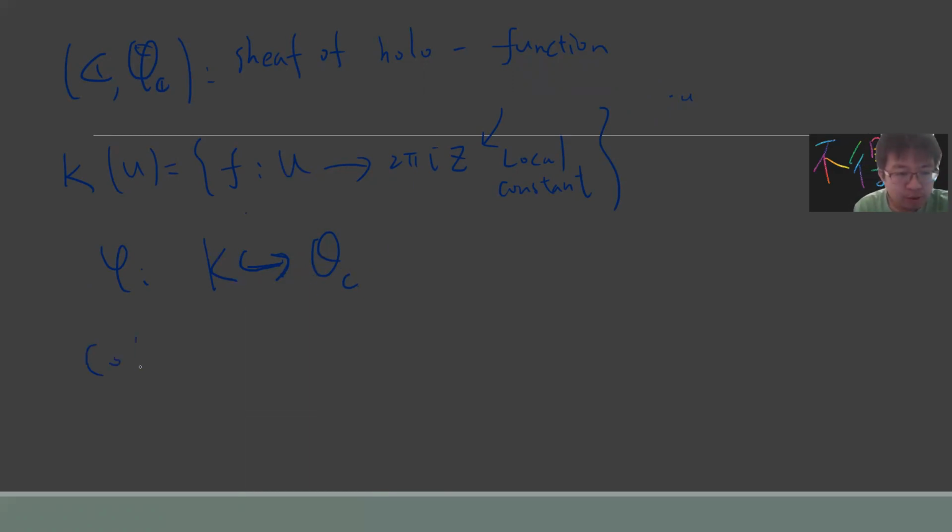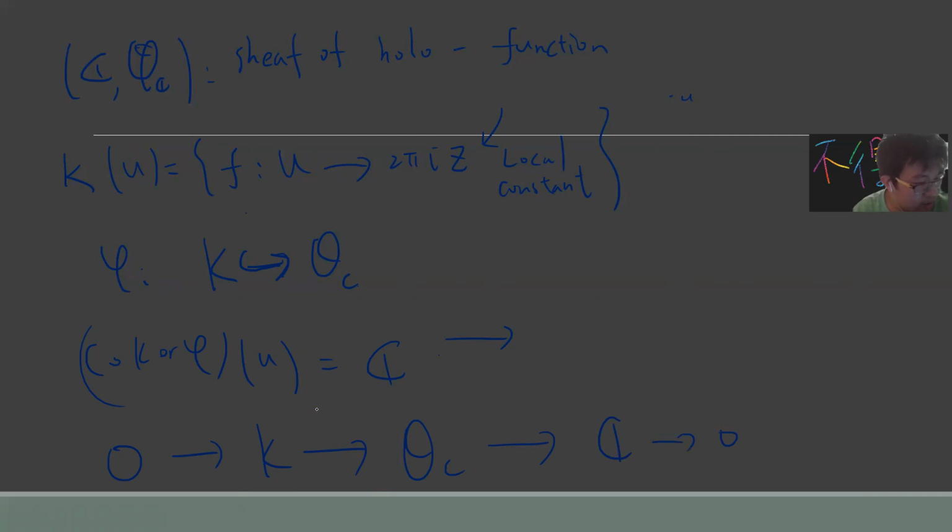And then you can define a cokernel, which you can check is just the complex numbers. So this is the famous short exact sequence: 0 goes to K, then to O of C, and then to C, which goes to 0.